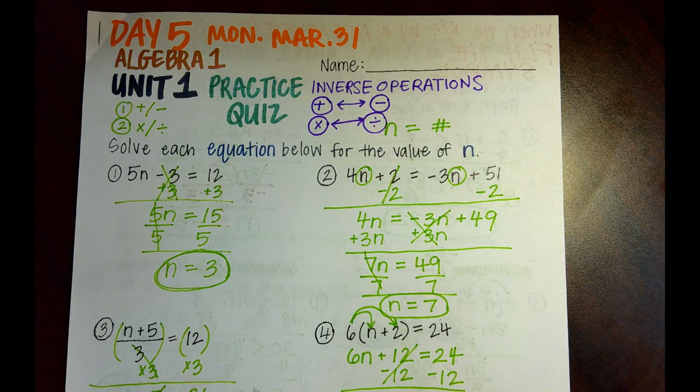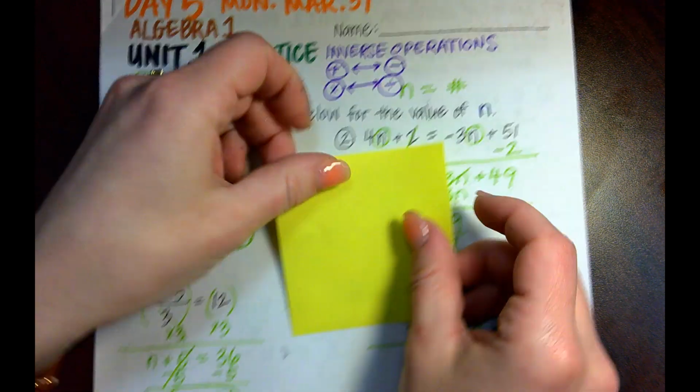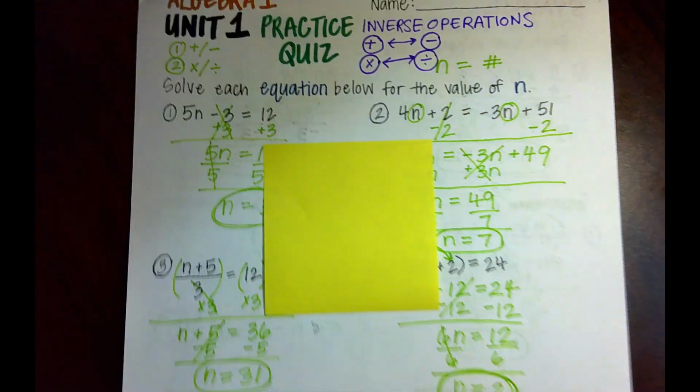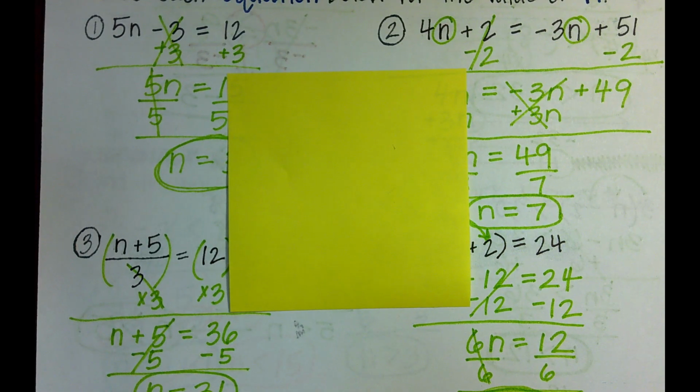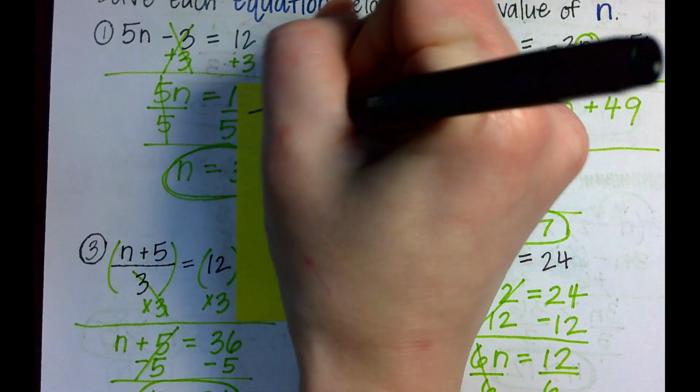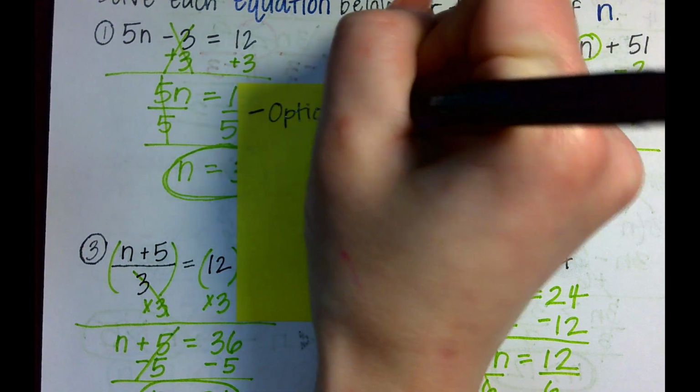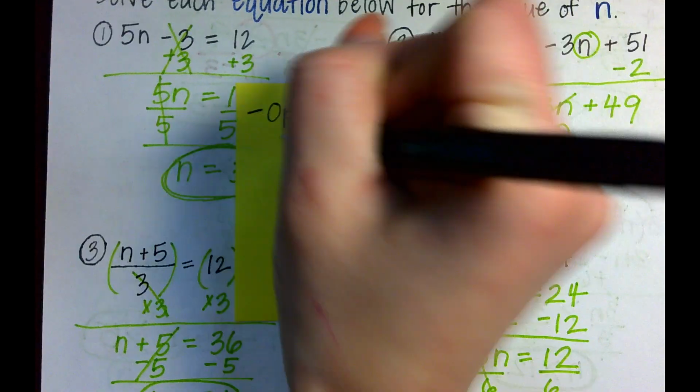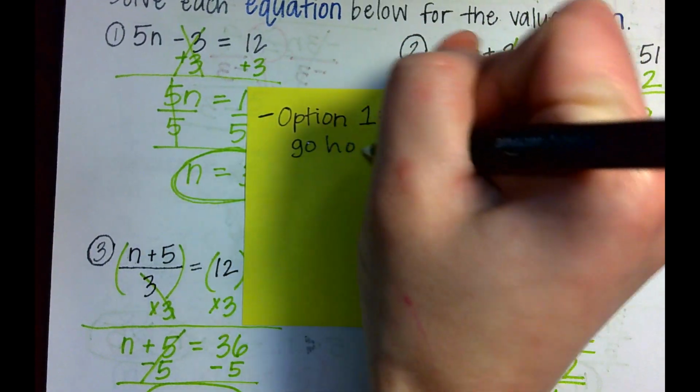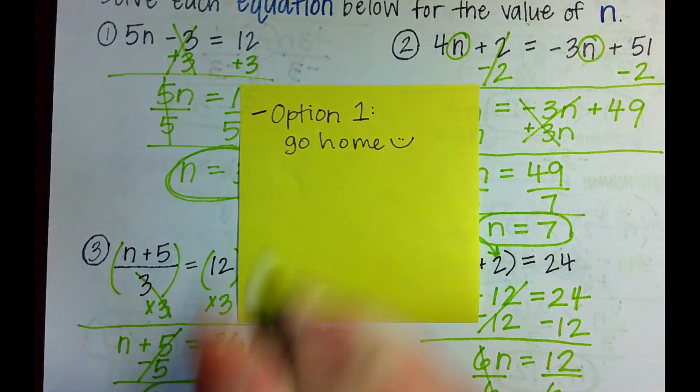And I'll write down the options for everybody so that we know what we're supposed to be doing. So, option 1, go home. You can leave.